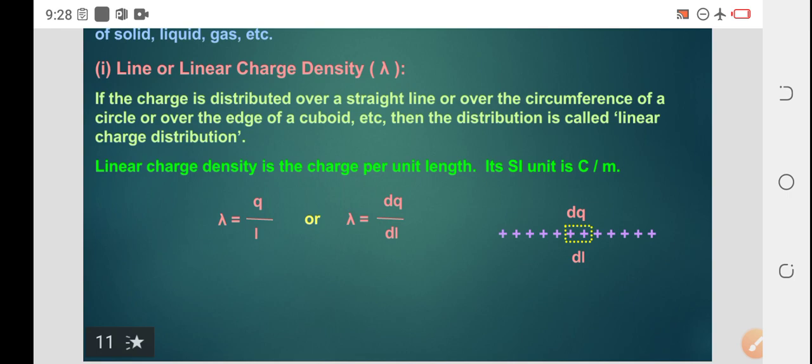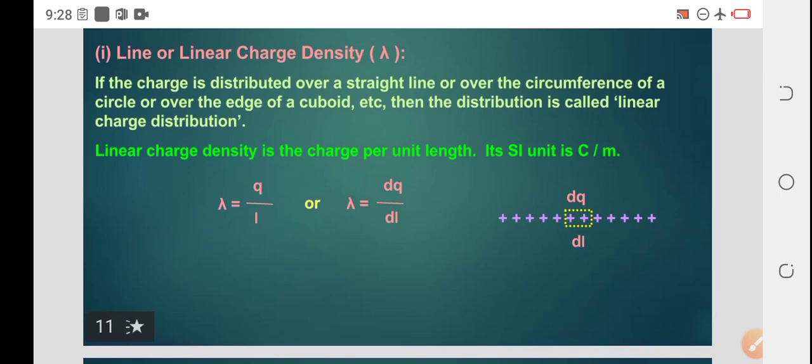Here the charge is distributed either in a straight line, in a circumference, or on the edge of a cuboid, and this will be called the linear or line charge density.